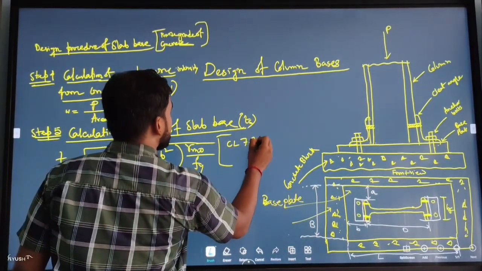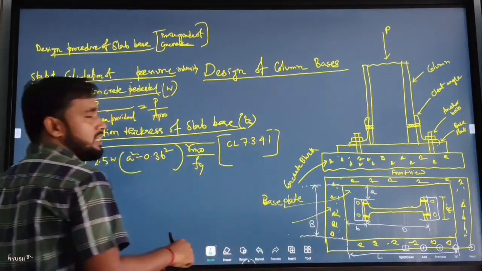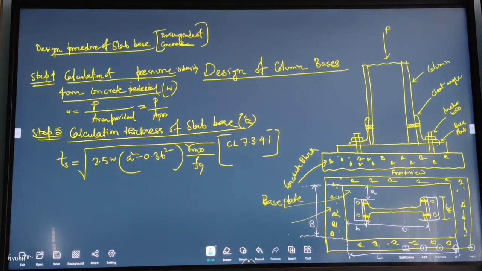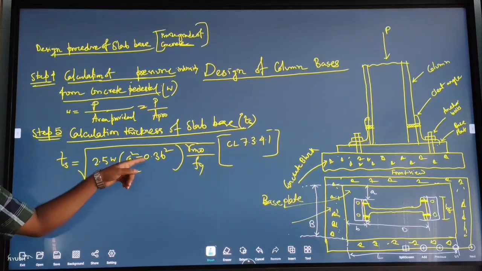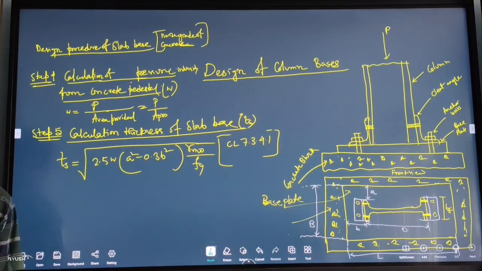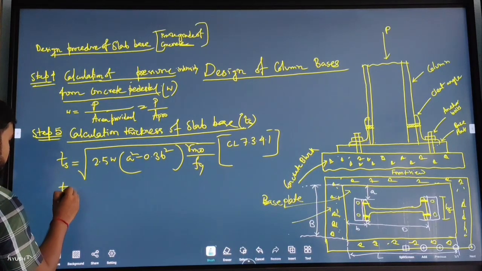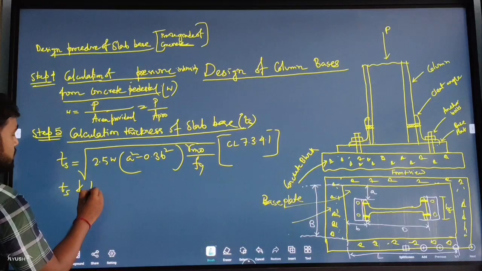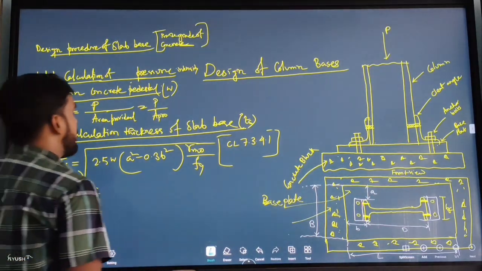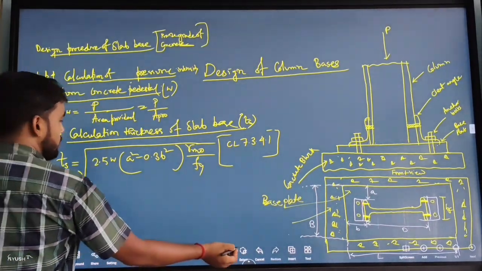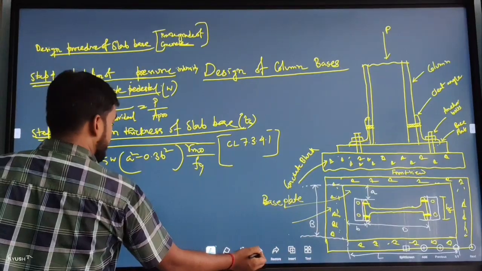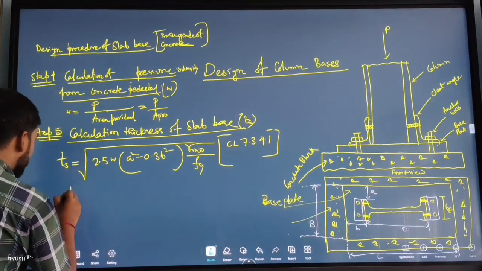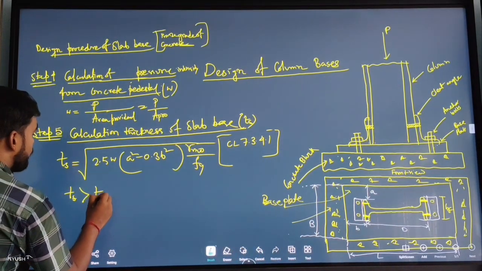Clause number 7.3.4.1: the minimum thickness of the slab base should be this. And this ts shall not be less than thickness of flange.